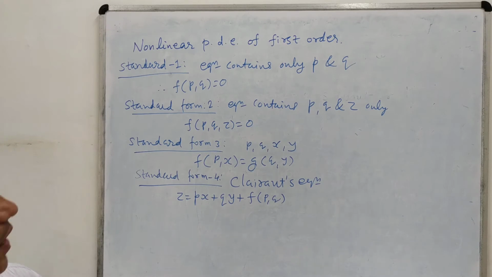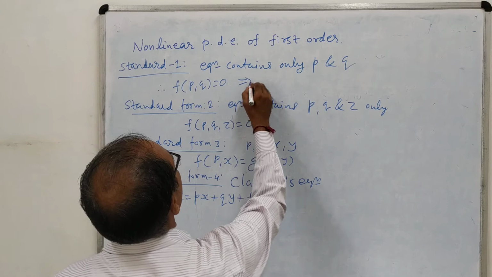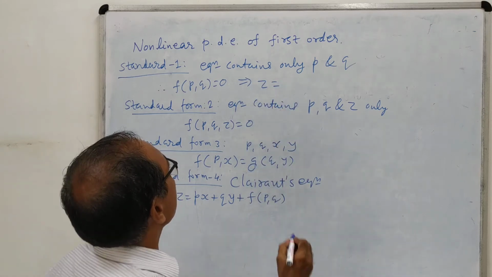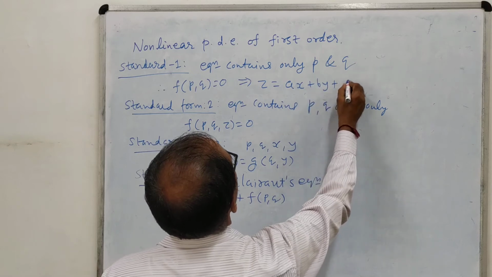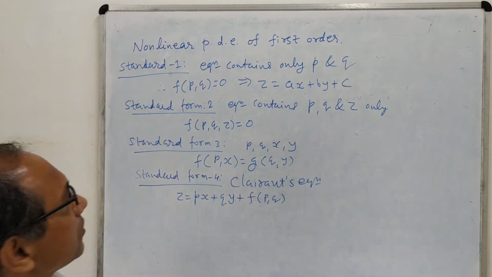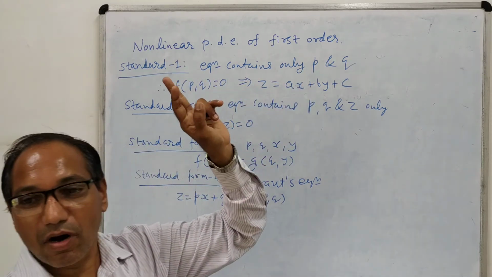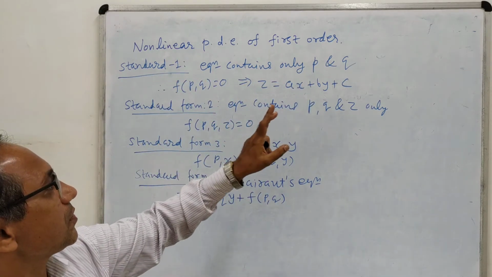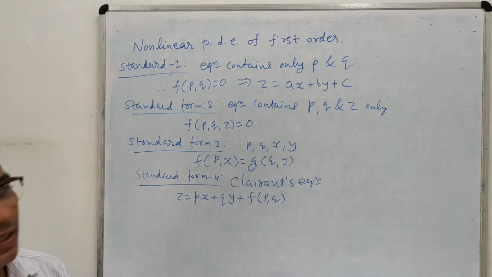In the first case we will have to assume the solution as z equals ax plus by plus c. You start directly by assuming this kind of solution, where a, b and c are some constants.